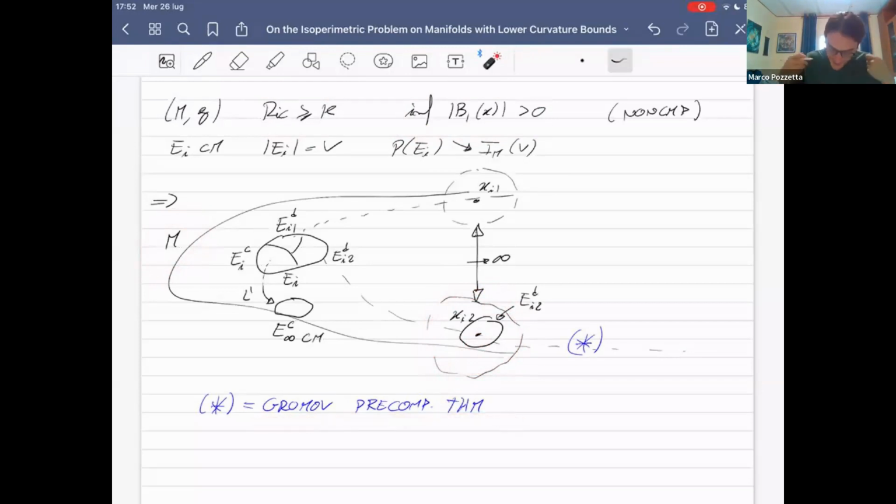It is converging in a certain sense that is called the pointed measure Gromov-Hausdorff sense, to a new space.